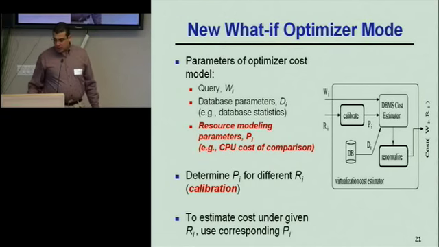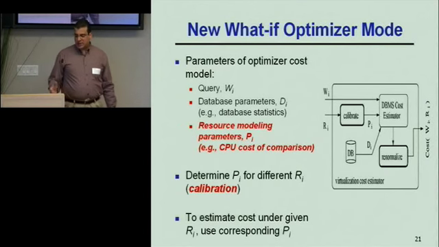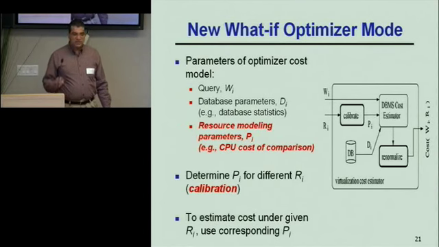Okay? And basically the idea of this calibration procedure is to match as closely as possible the assumptions the database system makes about the database and the query, and vary only the resource modeling parameters. Okay?